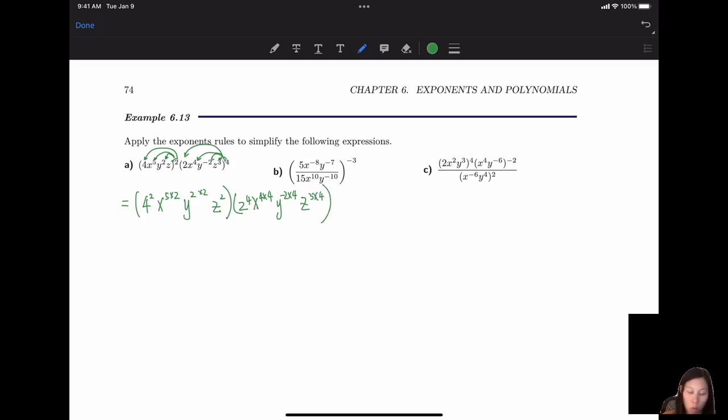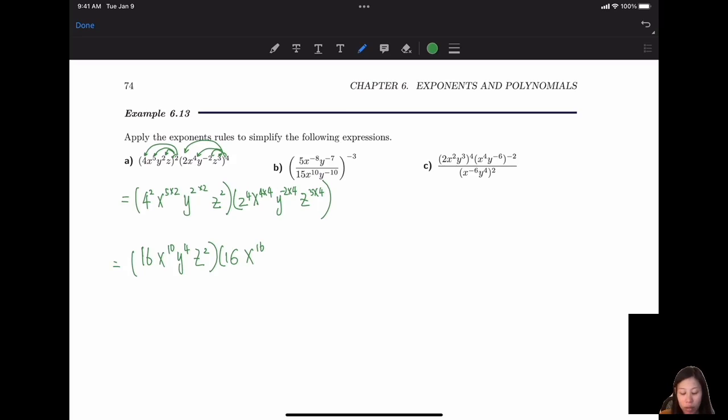Okay, so now what? We simplify them. We have 16, x to the 10th, y to the 4th, z to the 2, and then 2 to the 4th power equals 16, x to the 16th, y is equal to negative 8, z to the 12th.